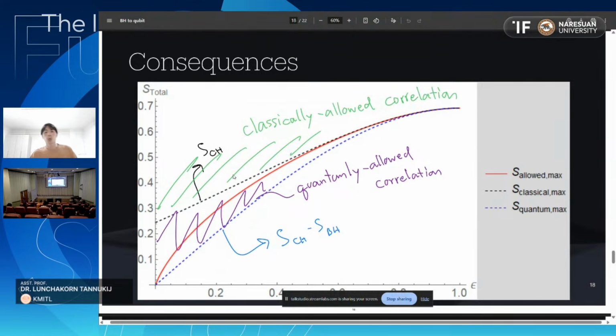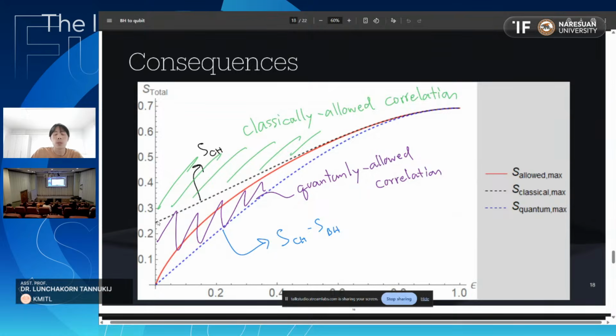This graph shows the possible ways of correlating the subsystems so that the entropies will be these denoted here. Okay, let's start with each line. These black dotted lines represent the SdS.